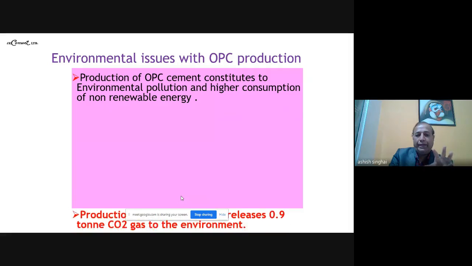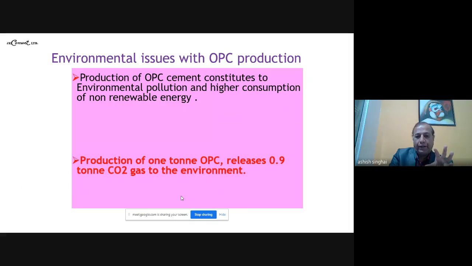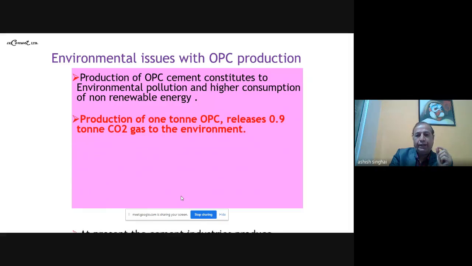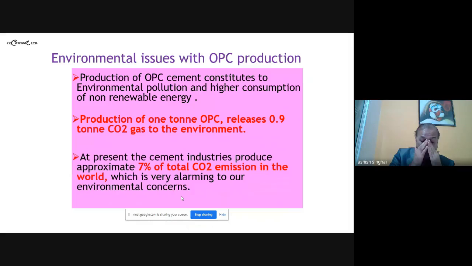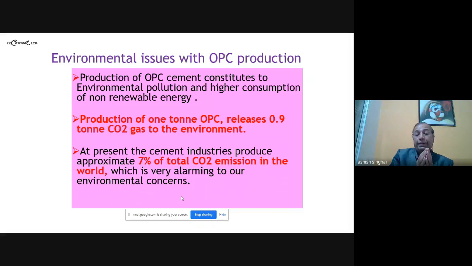Why I've been emphasizing reduction of OPC is mentioned in this particular slide. It is interesting to note that 7% of the world's total carbon dioxide emission is contributed by the cement industry alone. So it's a very, very alarming fact.